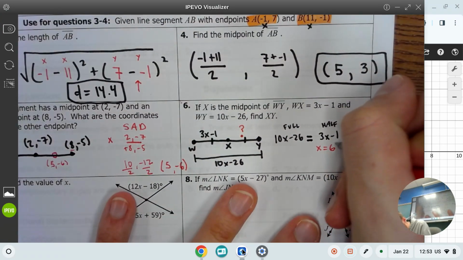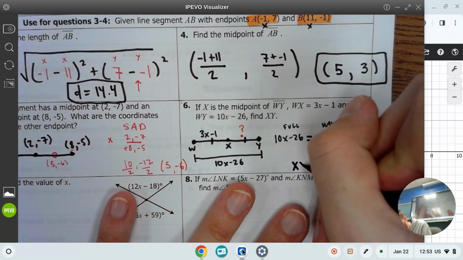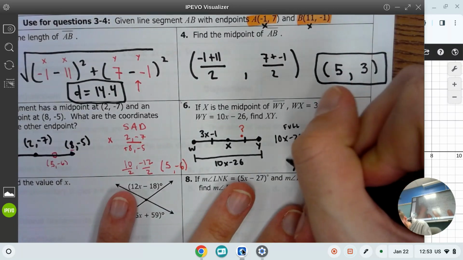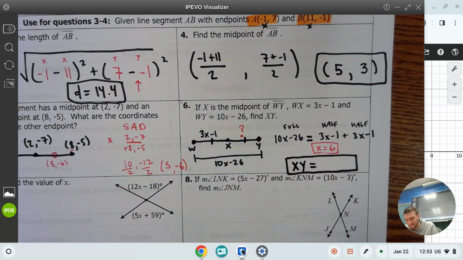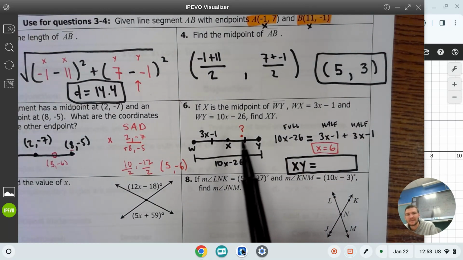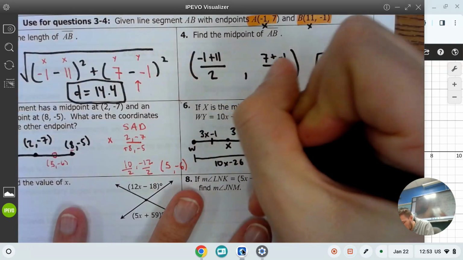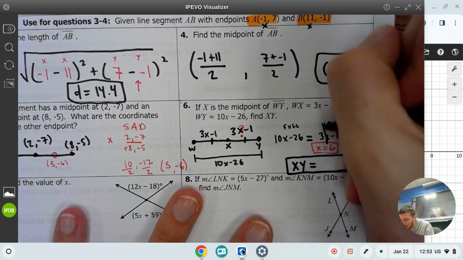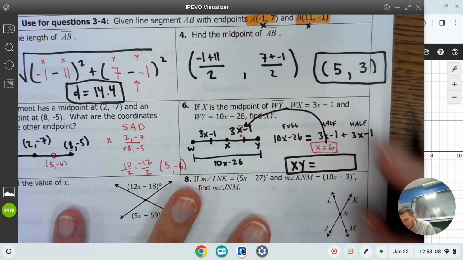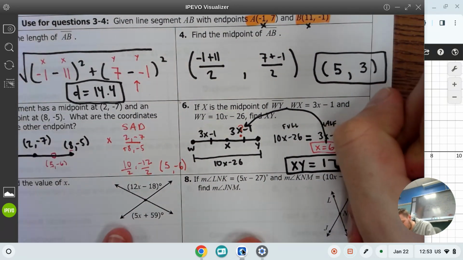X equals 6, but the true question says x, y, and we're looking for x, y. Right, it is 3x minus 1. And we know that the 6 can go into the 3x minus 1. 6 times 3 is 18, minus 1, 17, right?